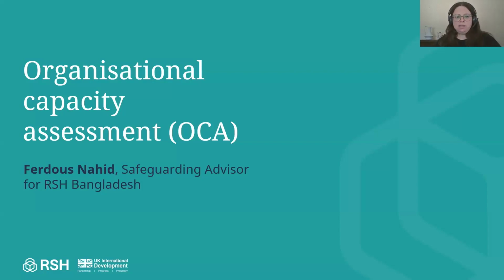Some of the key areas of his know-how include capacity building, program design, project management, SEA investigation, and case management. Mr. Firdaus will present the Organizational Capacity Assessment Tool, the OCA. Please, Firdaus, the floor is yours.